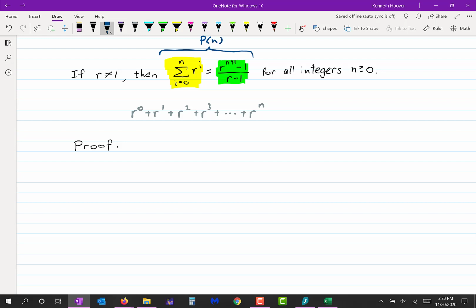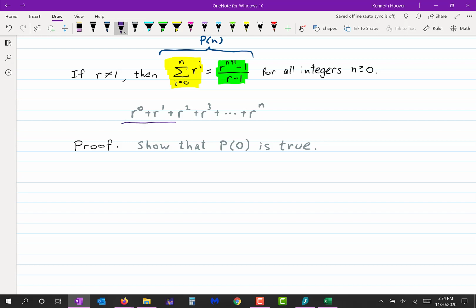So step 1 of the proof is to show that P of, what's our starting point this time? It's 0. Show that P of 0 is true. So what would the left-hand side of P of 0 be?